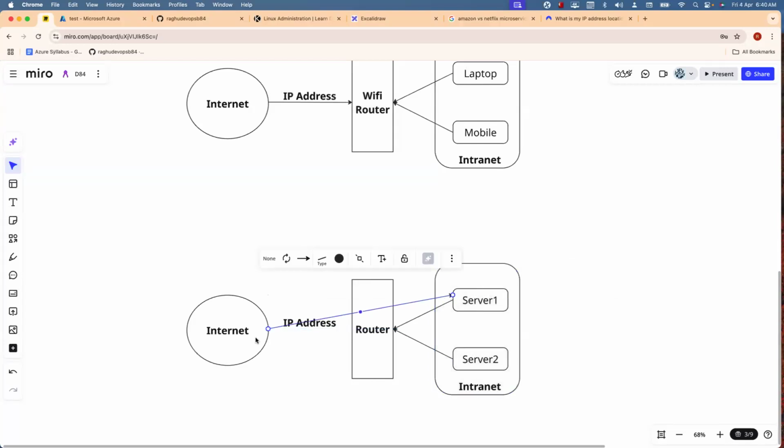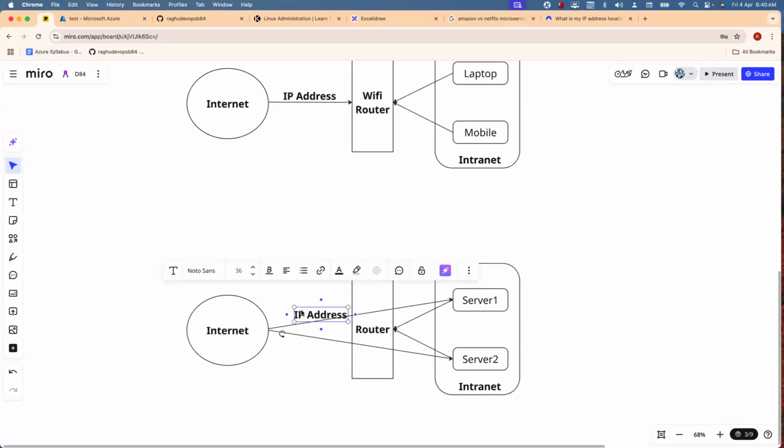There is some configuration on the routing side which tells you how to reach this machine. So you have one IP address for this server and another IP address for that server. And for the internet also, you have one IP address here and one IP address here.